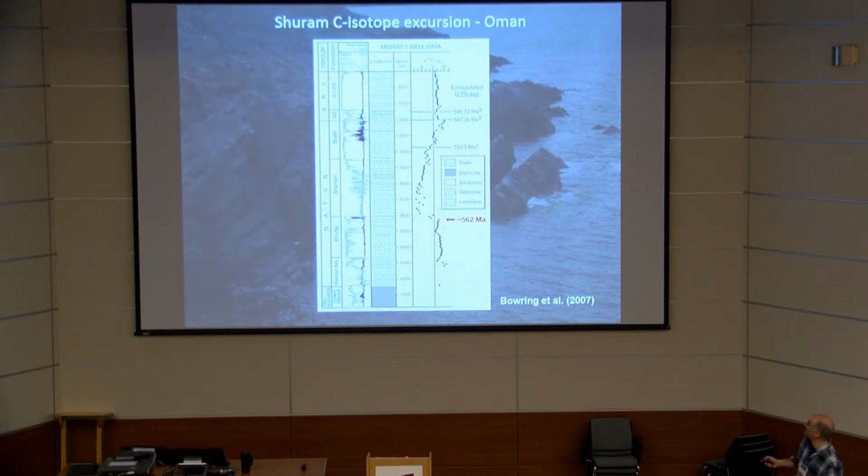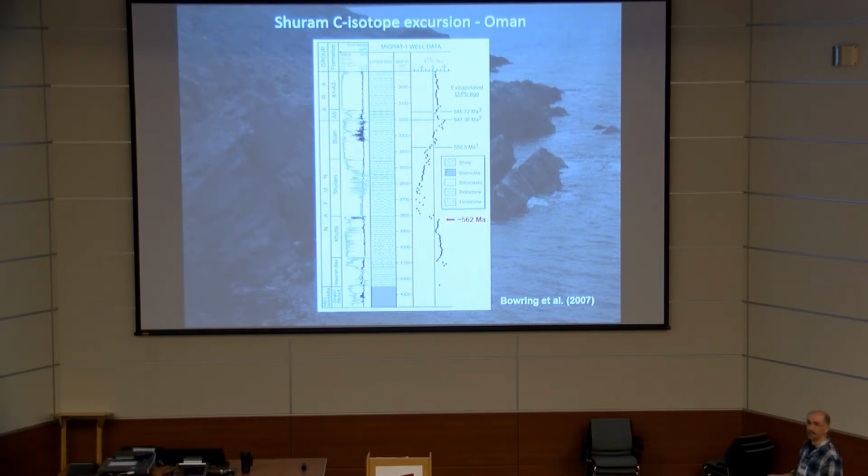Now, moving up to the Shuram carbon isotope excursion, this is the section from the subsurface in Oman. If you look at those dates, one of them is from South China, from Doushantuo, the other is from Namibia, and this one is from Oman. It's actually from the same section. So this date at the bottom has been calculated by extrapolating down section.